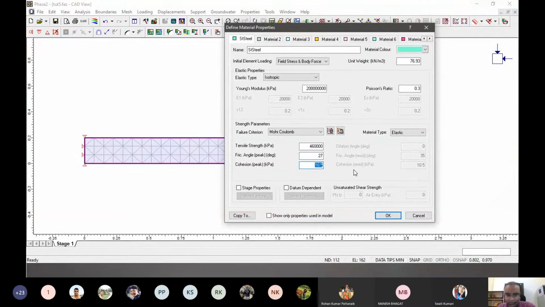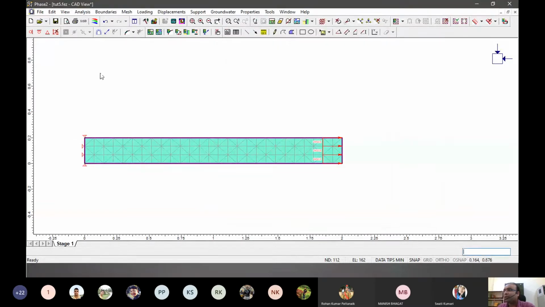Cohesion is 500 megapascals. Okay. And let us assume it to be elastic, because anyways we are not calculating strength reduction, so it doesn't matter for us. Click OK and save again.